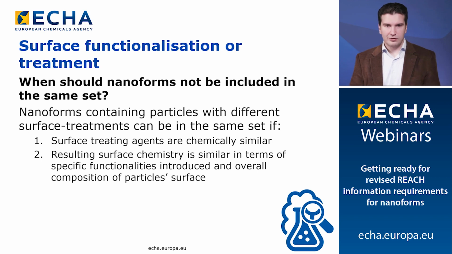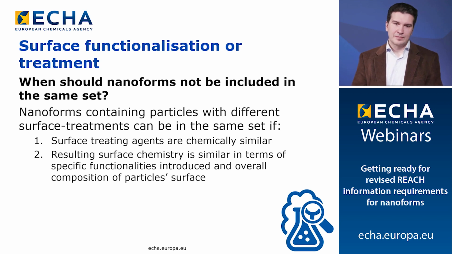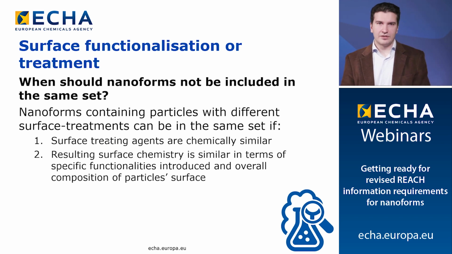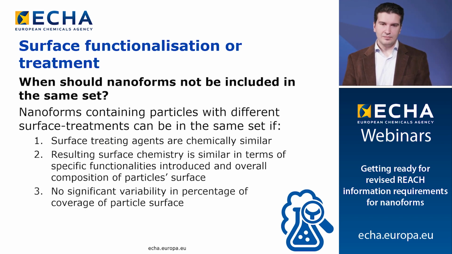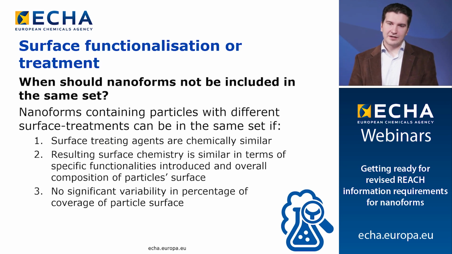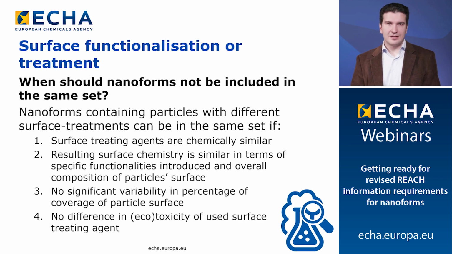You should also make sure that the resulting surface chemistry on the particle is similar in terms of the functionalities that you introduce and the overall composition of the particle's surface. And you should make sure that there isn't a significant variability in the percentage of the coverage of the particle's surface. And finally, and very importantly, that there are no differences in the toxicity or ecotoxicity of the surface treating agents that you use.